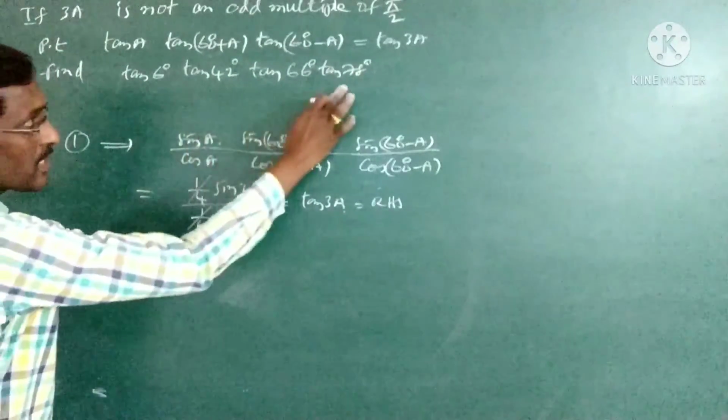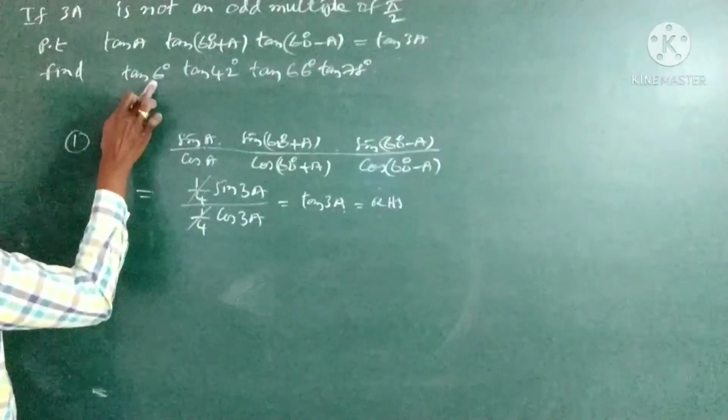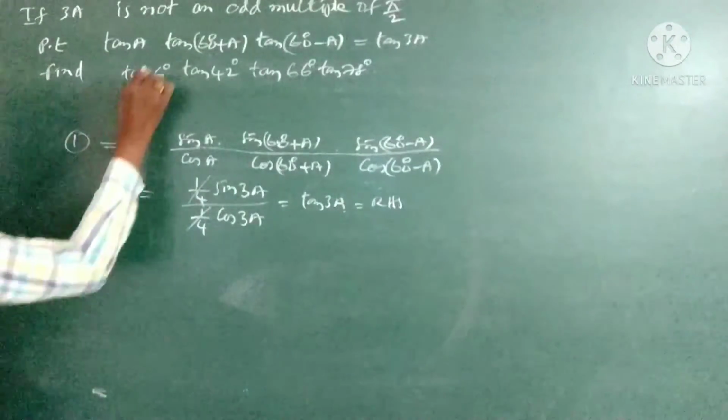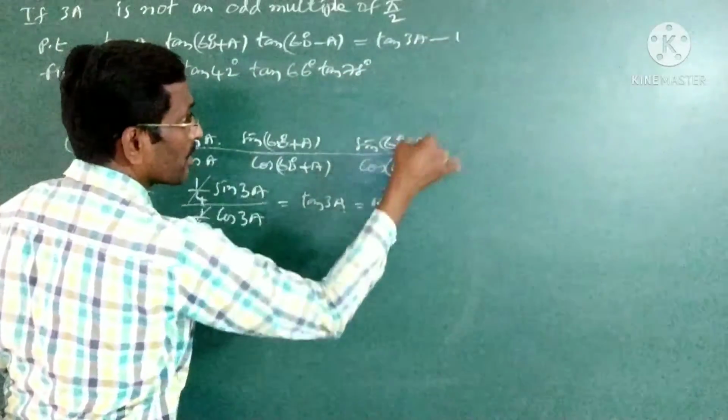Next we have to find this value. To get that, again put the value a equals 6. Let us say it is some other equation number.